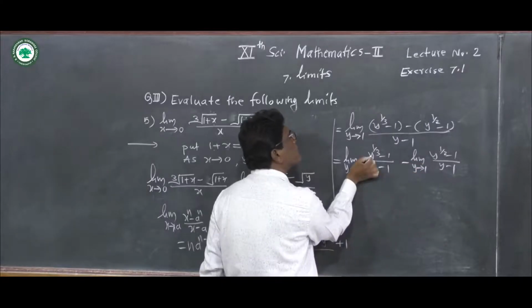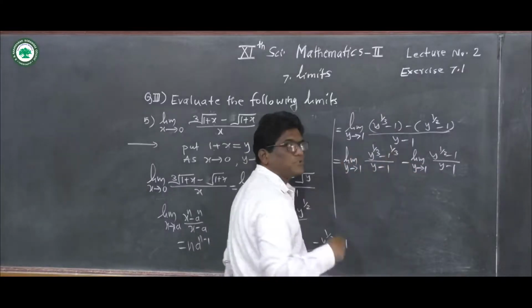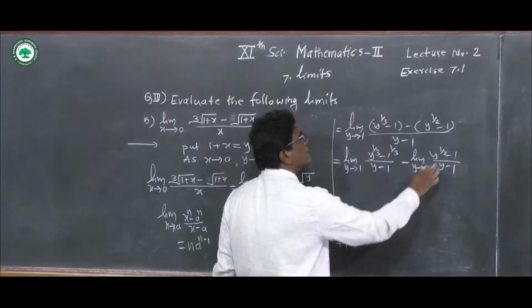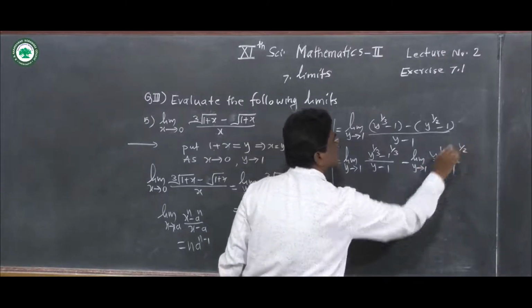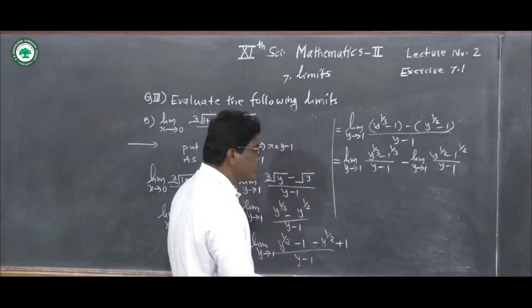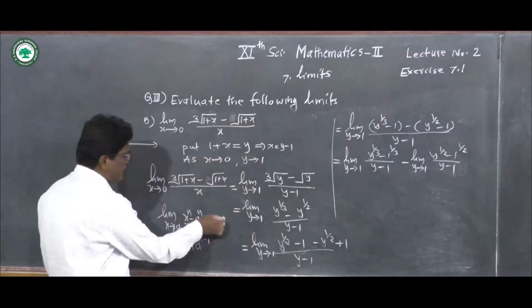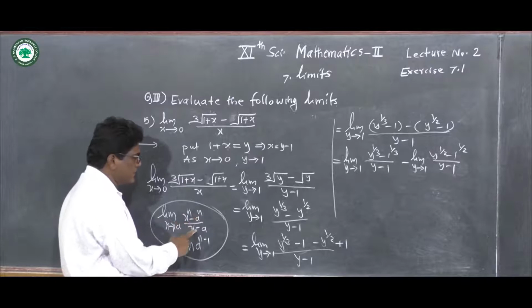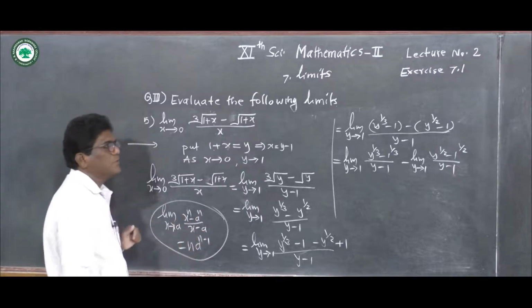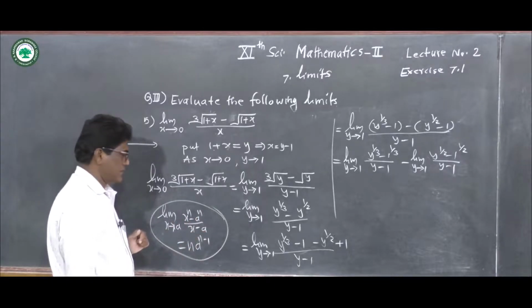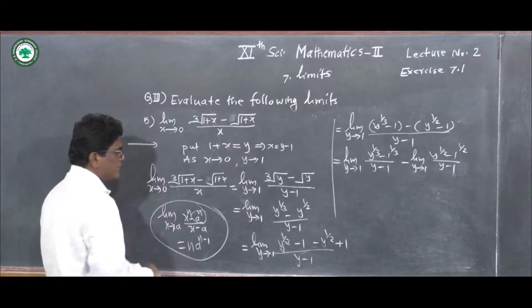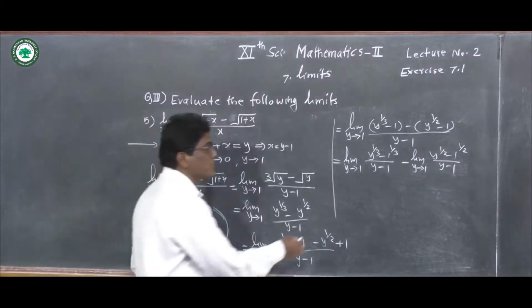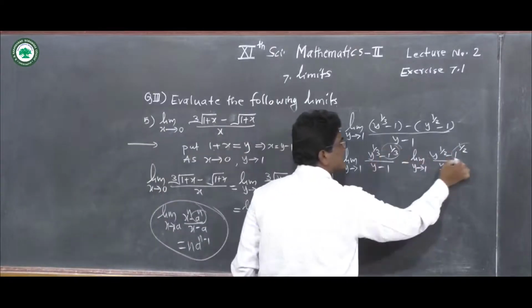Here y to the power 1 by 3, so take n as 1 by 3, because 1 to the power anything is 1. Here y to the power 1 half, take n as 1 half. Now use the standard formula: limit x tends to a of x raised to n minus a raised to n upon x minus a is equal to n into a to the power n minus 1. That means we use it for this term and this term.